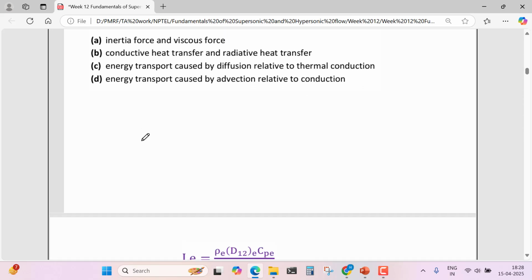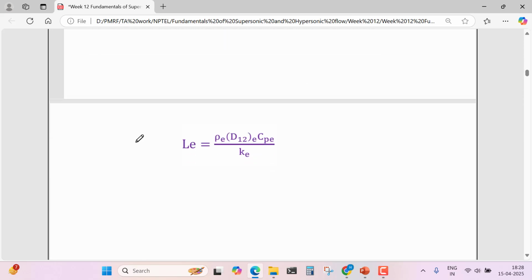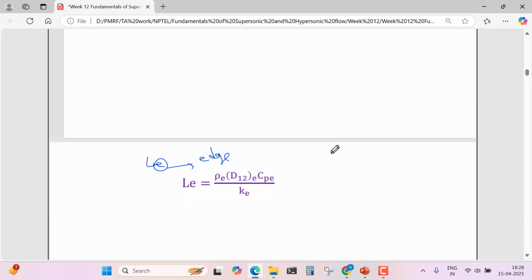Okay, so first we'll see what the Lewis number is. The Lewis number is given by Le, equal to rho e D12 e, where e is for the edge of the boundary layer. So you can directly write this as Le equal to rho D12 Cp upon k.